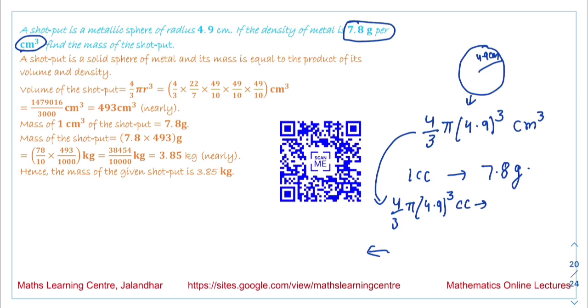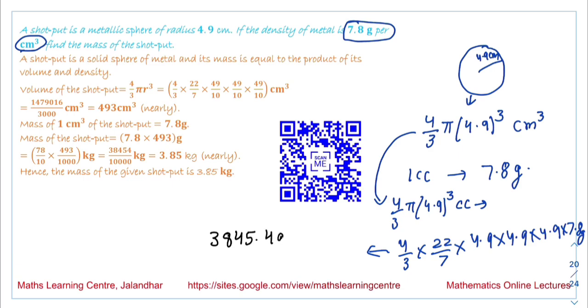So we have to find the weight of 4/3 π into 4.9 cube centimeter cube. So it is 4/3 into 22/7 into 4.9 into 4.9 into 4.9 into 7.8 grams. When we solve this, we get the answer 3845.4 grams.